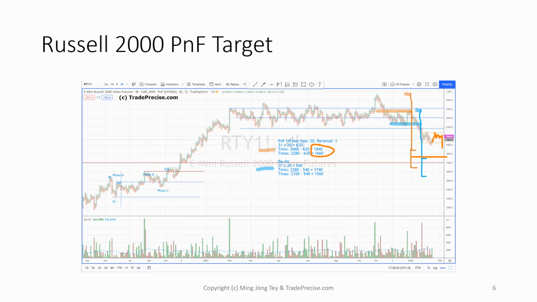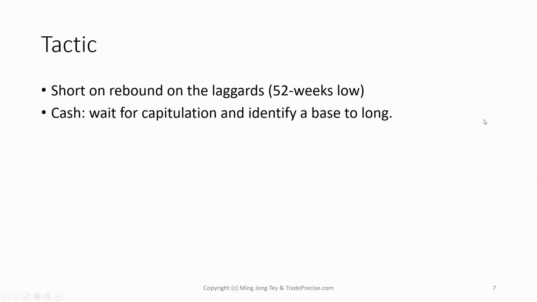All right, so that's my expectation, and let's go through the tactic. At this point, I think the tactic should be quite simple and straightforward. I will be shorting on the rebound on the laggers. Next week will be quite important, because last week showed all the bullish signs, with the presence of demand in the price and also the volume.